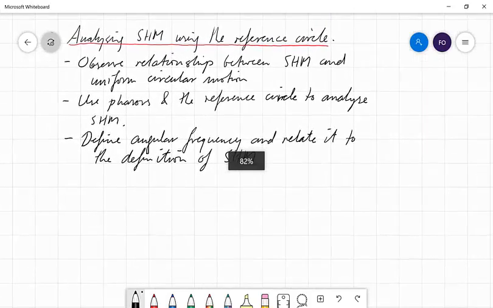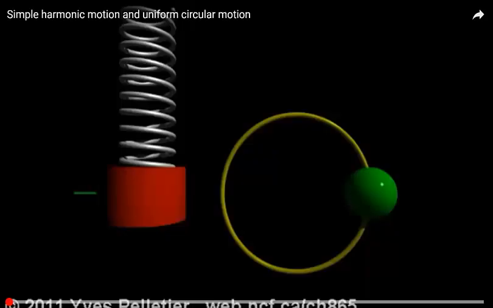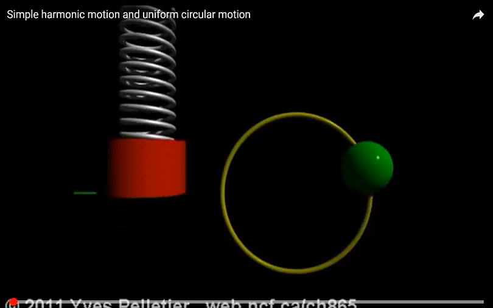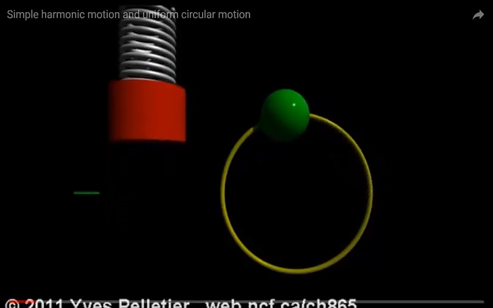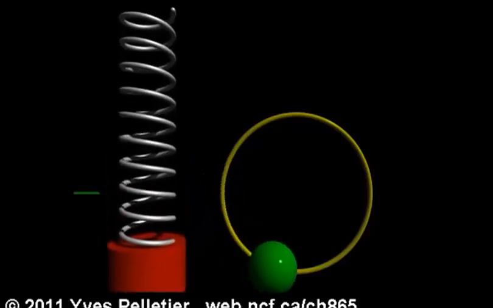All right, so to start off with, we'll have a look at what we're talking about here. Here's a simulation or an animation of an object that's going to move in a circle at a constant speed, and next to it we have an object that's going to undergo simple harmonic motion vertically. We can see that the green ball and the red mass remain aligned vertically throughout the motion.